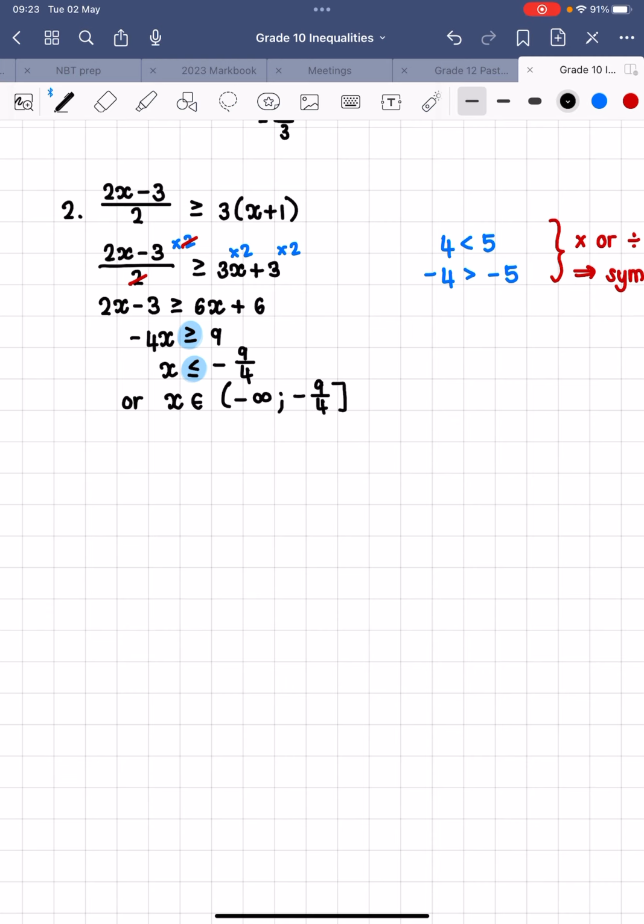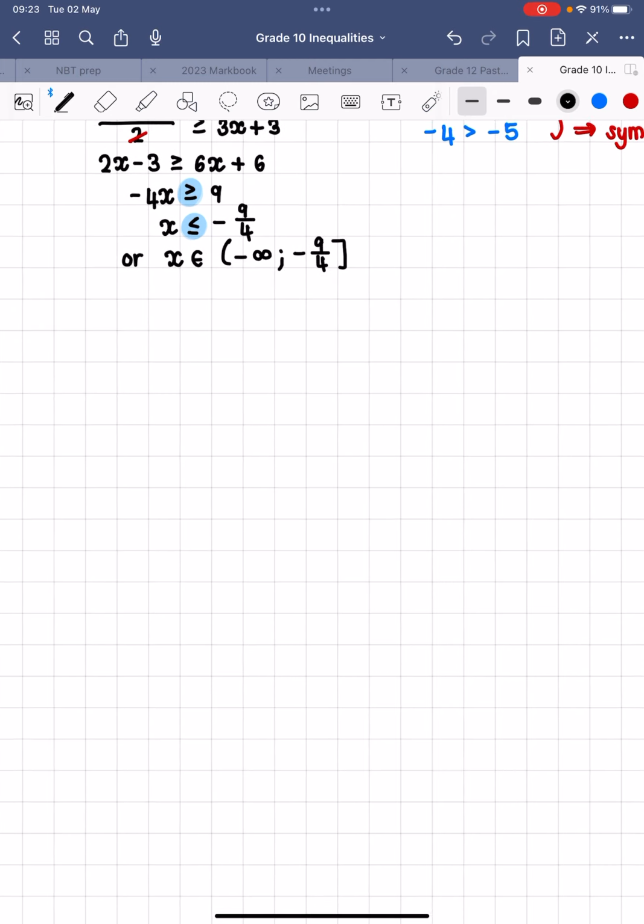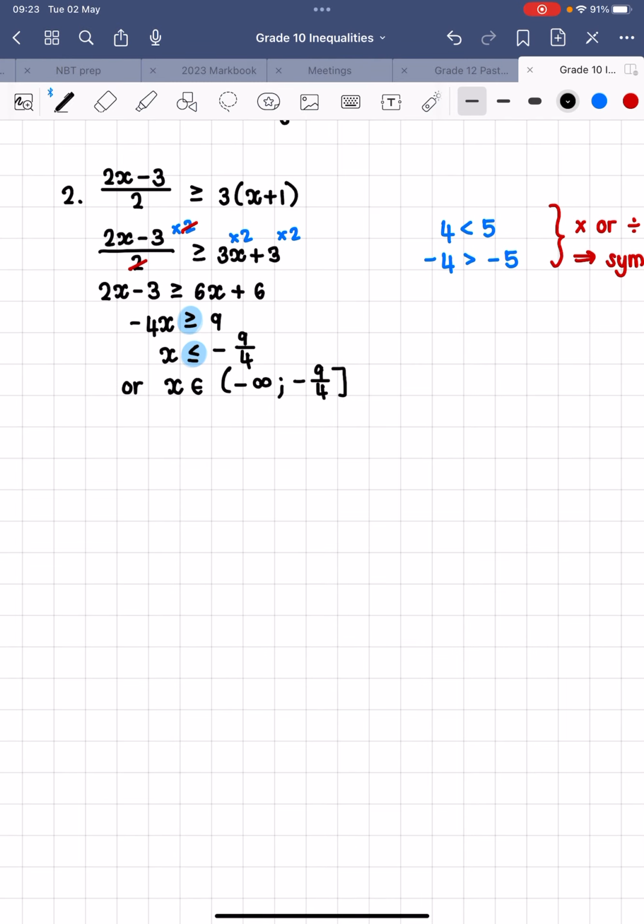And now we're going to use a square bracket because in the question there was a line underneath the symbol, meaning that x can actually also be equal to -9/4. That will still make this inequality true. All right, so let's just add a note there. This square bracket, because x can be equal to -9/4.